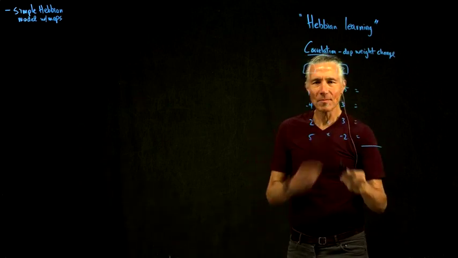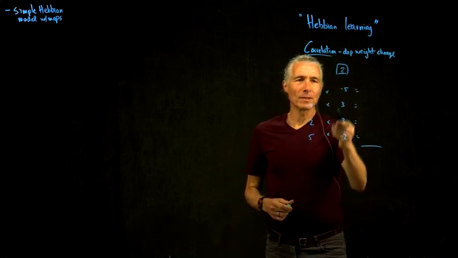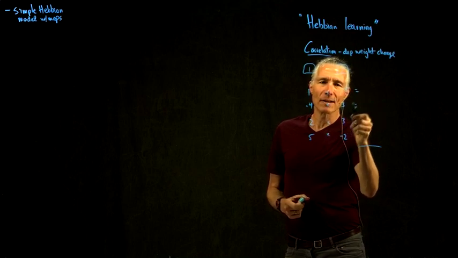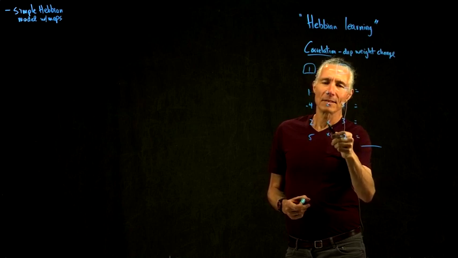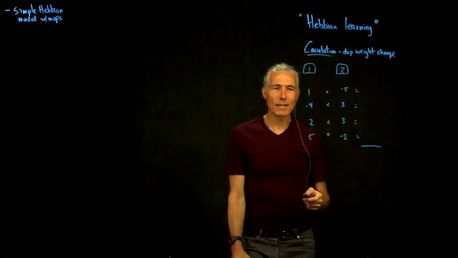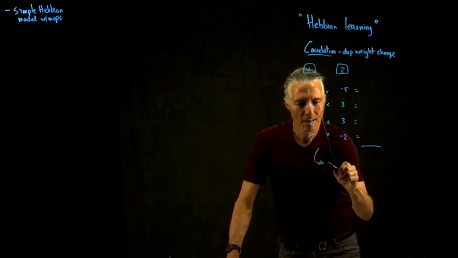So here's an example of a negative correlation between these two variables. If you multiply, that's -5 plus -12 plus 6 plus -10. That's going to be a negative number. So that's a negative correlation.